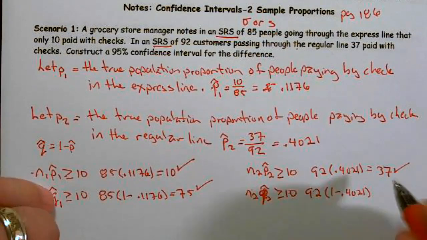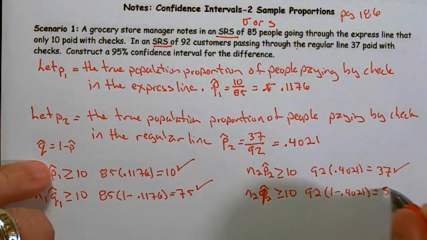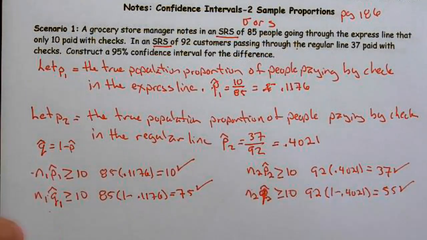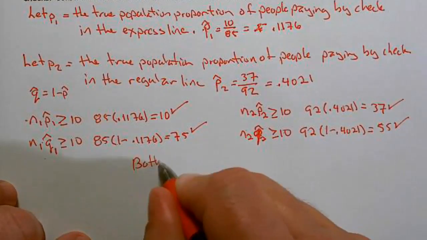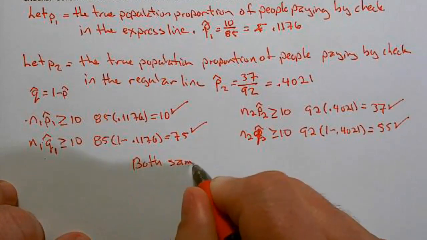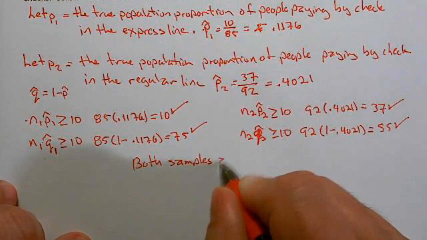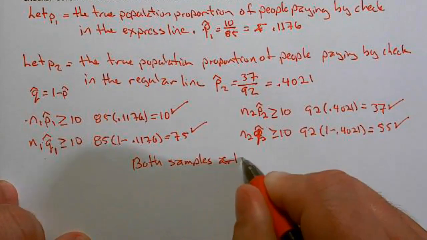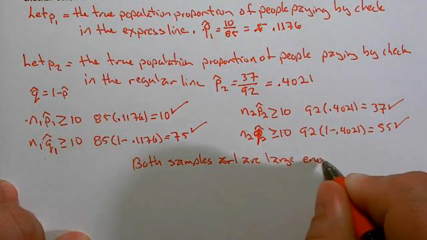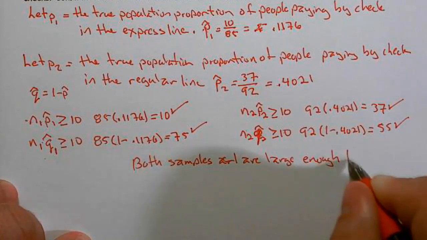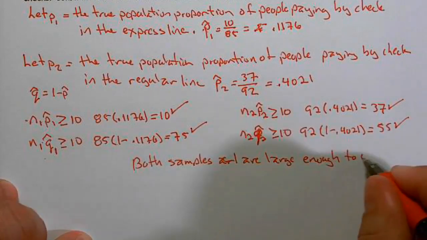And we should have gotten 55. And that's greater than 10. So both samples are large enough to use the normal.